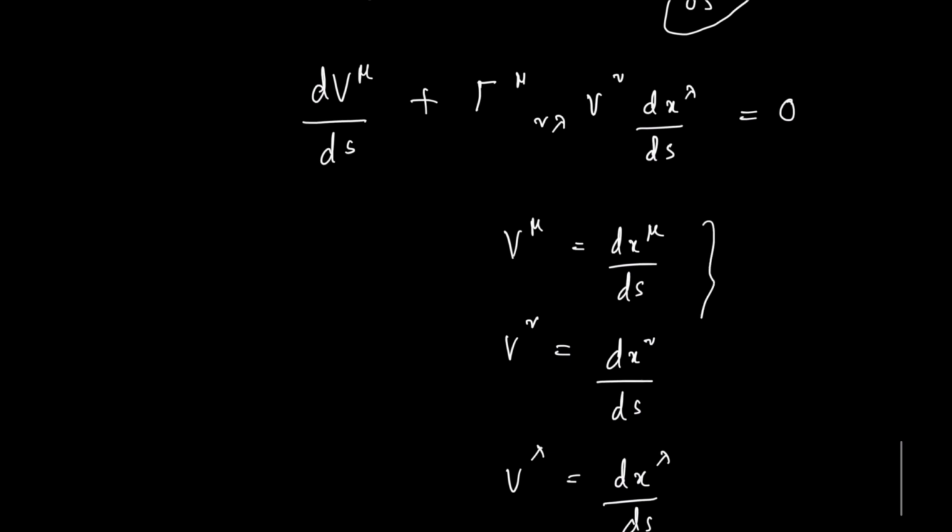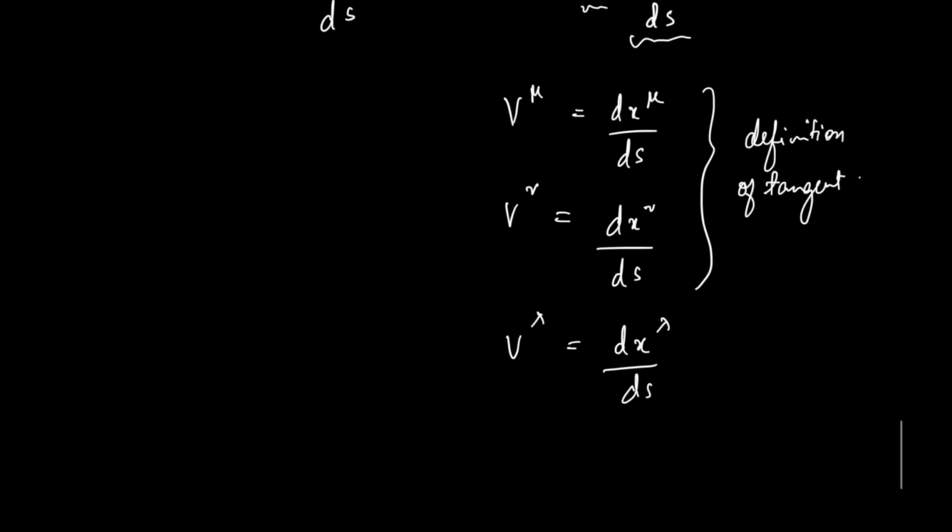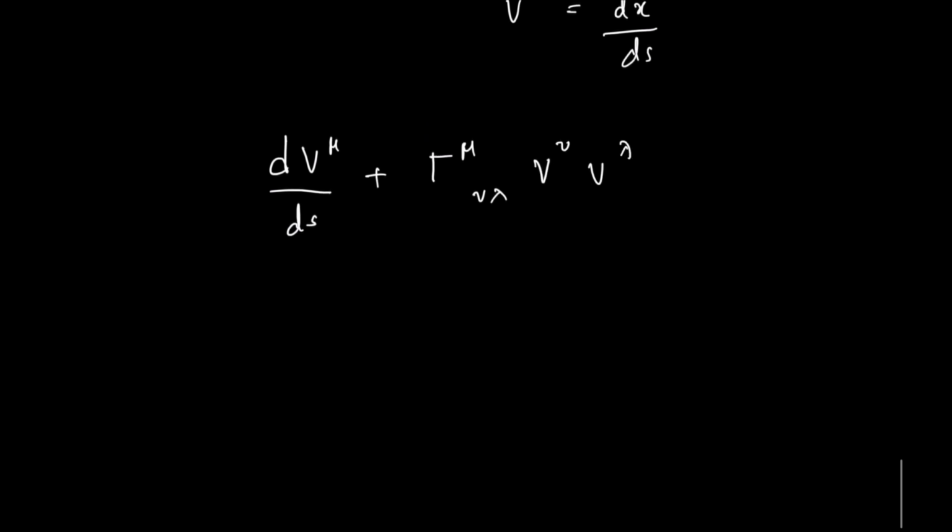So these are all the definitions of tangent. Here also you have dx lambda by ds, v nu. So these are all tangent. So I can write dv mu by ds plus Christoffel symbol mu nu lambda v nu v lambda equal to 0.